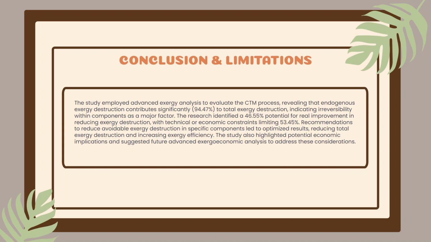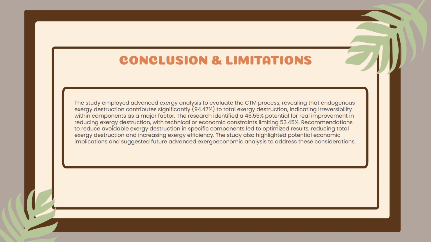Advanced exergy analysis identified that endogenous exergy destruction accounted for 94.47% of the total exergy destruction, emphasizing irreversibility within the components as the primary cause. The study found a 46.55% real improvement potential for reducing exergy destruction, with 53.47% being unreducible due to technical and economic constraints.